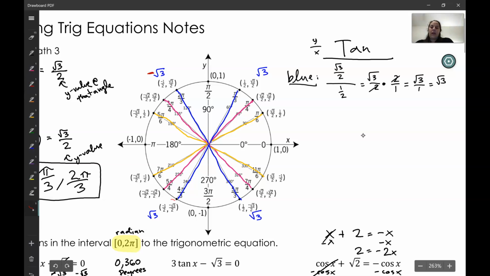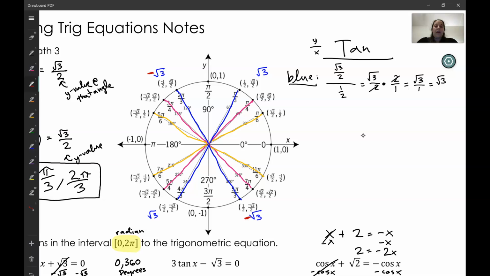Let's try down here. A negative y divided by a negative x. Well, two negatives make a positive, so this answer is still going to be positive. And then over here I have a negative y divided by a positive x. So this answer is also going to be negative.